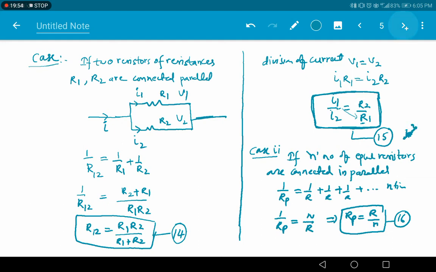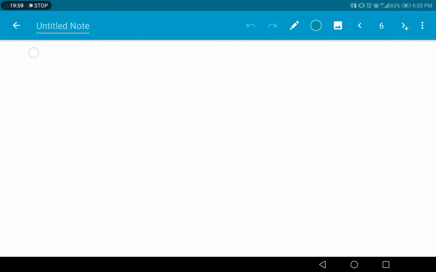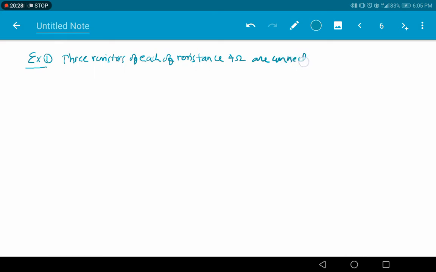With examples we are going to clarify this. Let us take one example. The question is: three resistors, each of resistance 4 ohm, are connected as shown in the figures.